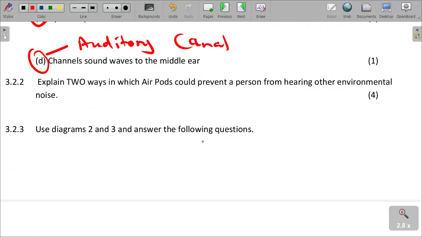And then explain 2 ways in which AirPods could prevent a person from hearing other than environmental noise.